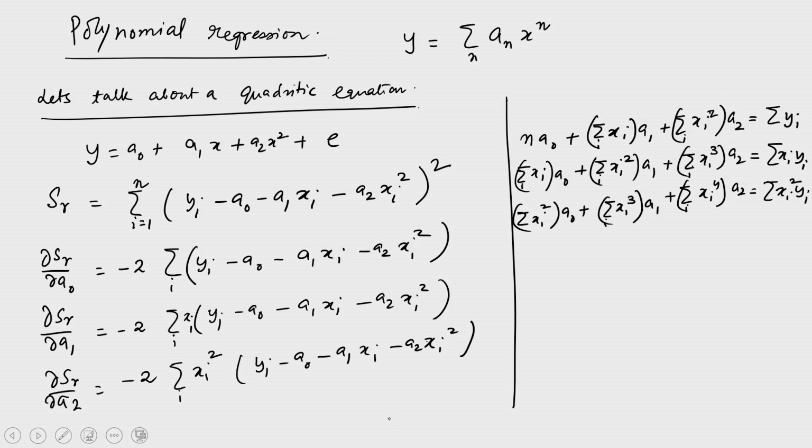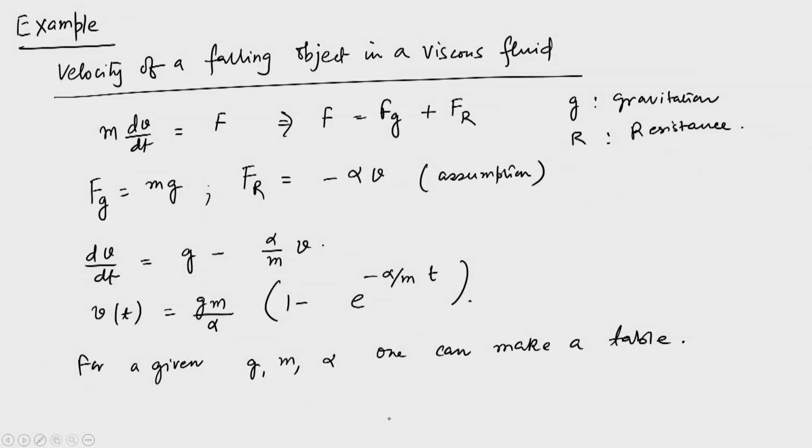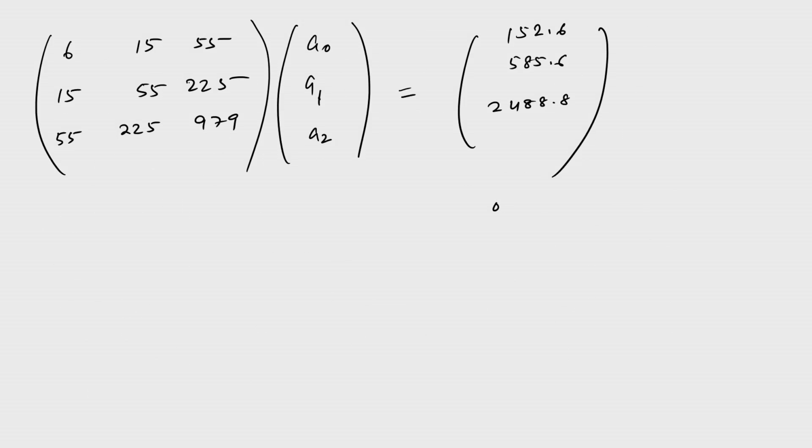So, these are the things which are y i, x i y i and x i square y i. Those had to be calculated and so on.